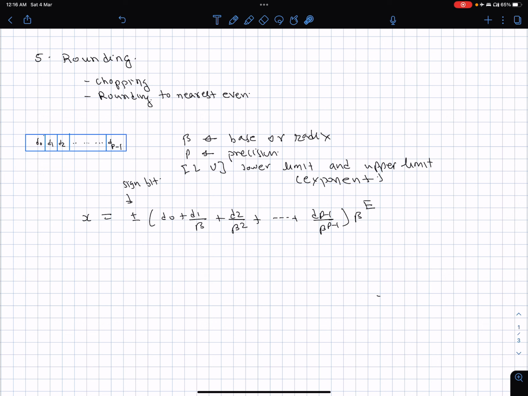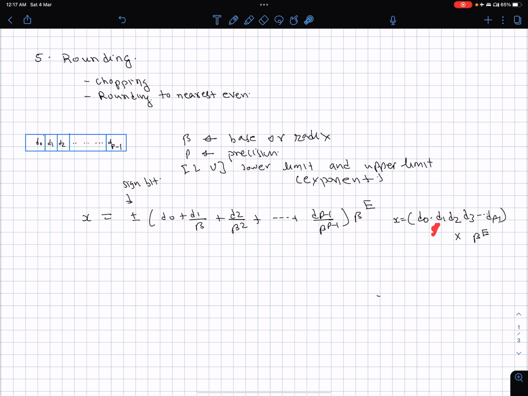So this is what this number signifies. You must be thinking what is this funny thing going on. You should read this number as d0 dot d1 d2 d3 to d(p-1) into beta to the power e. This is what x is representing.